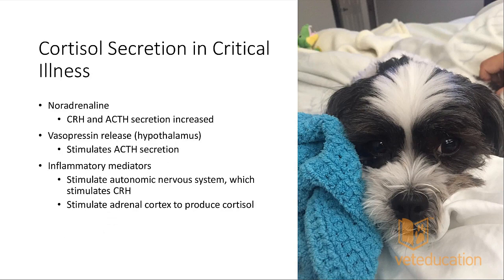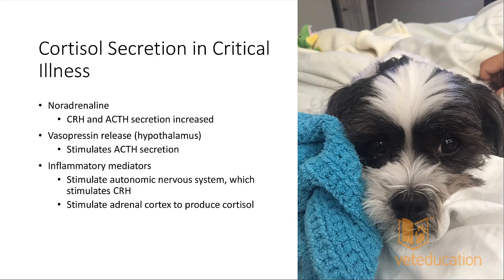Okay, we have this relatively simple, what's called a negative feedback loop, where high levels of cortisol inhibit the release of CRH and ACTH from our brain to decrease cortisol production within the adrenal gland. When cortisol levels fall, we get an increase in release of ACTH and CRH from our brain, and that increases cortisol production.